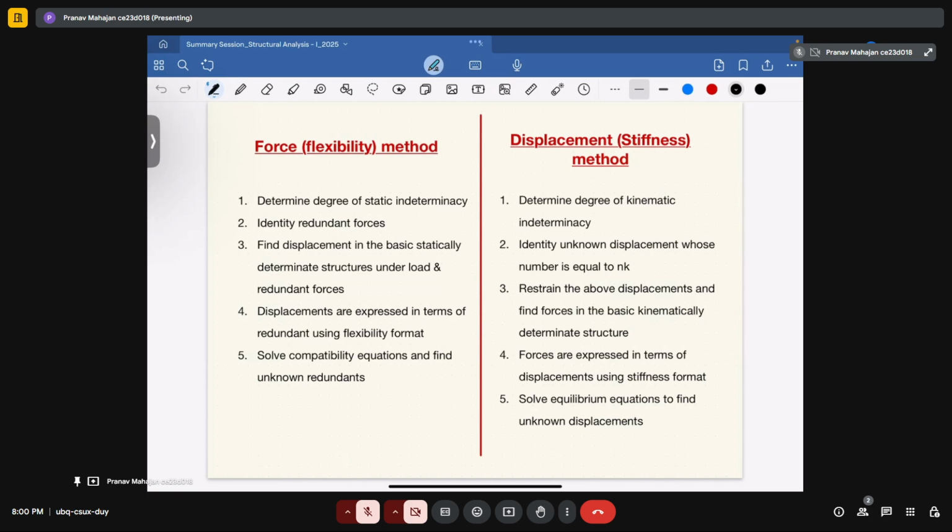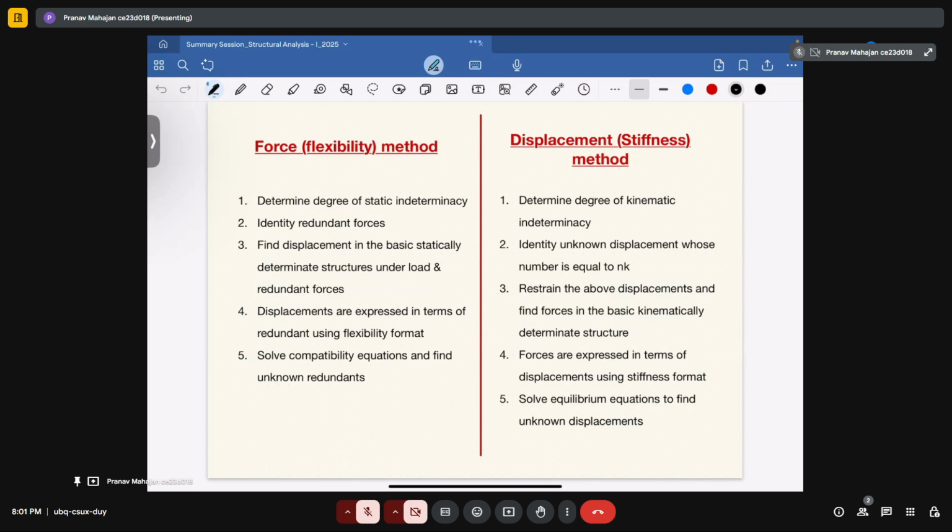Whereas in the case of the displacement method, or you can say stiffness method, you will not determine the static indeterminacy. You will determine the degree of kinematic indeterminacy. Then you will identify the unknown displacements, whose number will be equal to n subscript k.